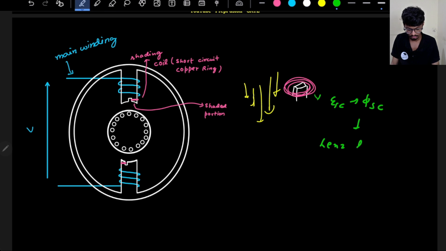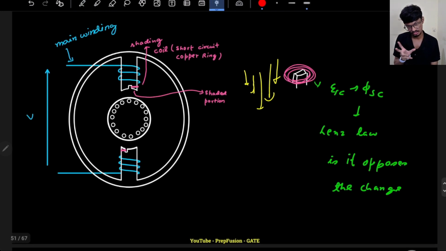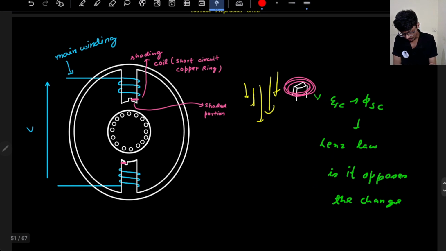Lenz's law says it opposes the change. So if it opposes the change, what does it actually mean? Here, if flux is increasing in this direction, it will try to reduce the flux.